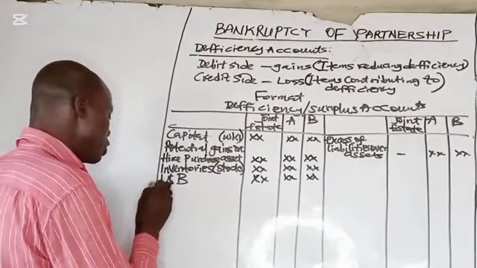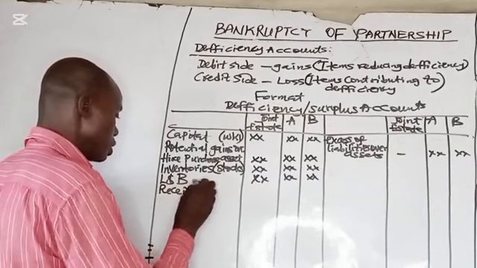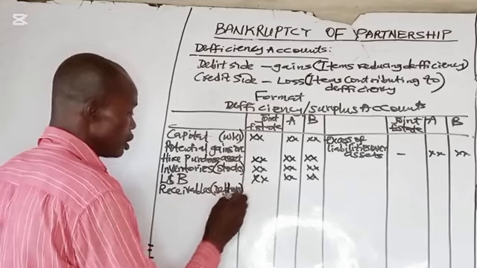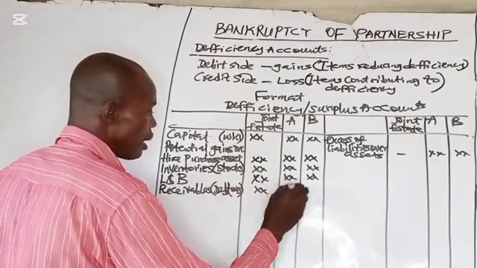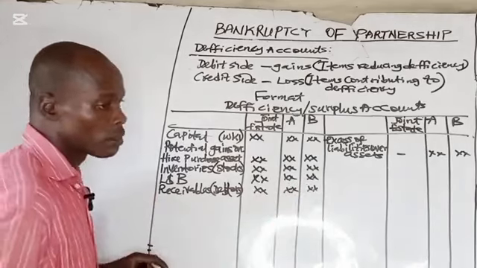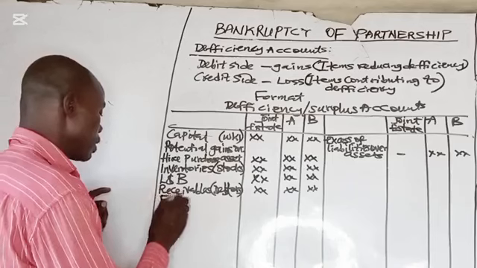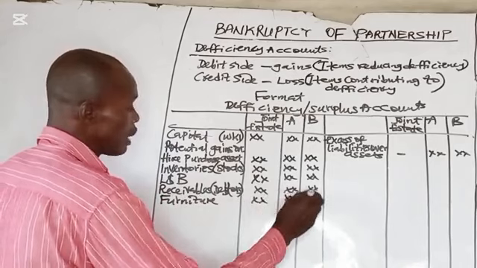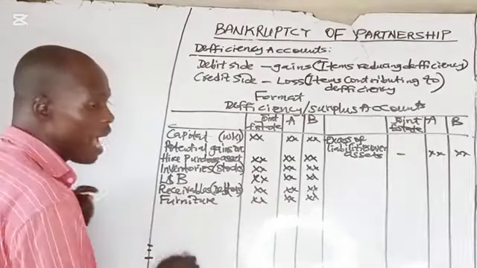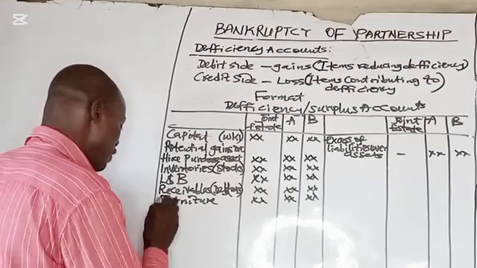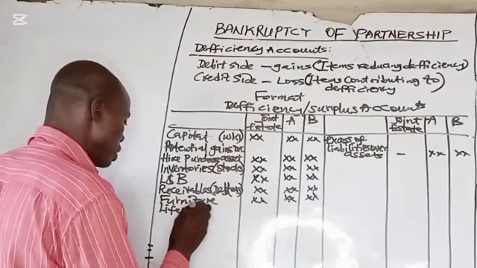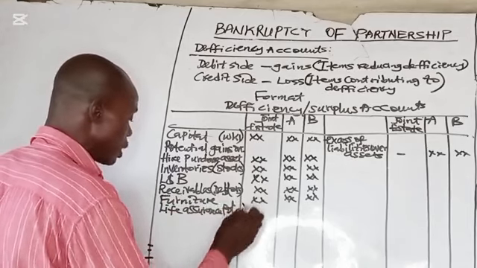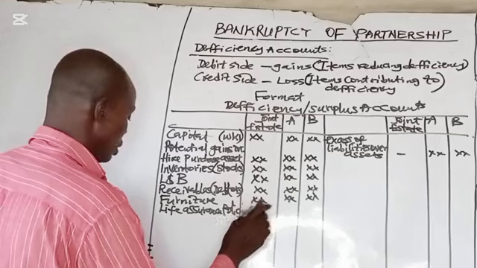Then for receivables or debtors, where the realizable value is greater than the book value, then you have the gains. Then for furniture and fittings, where the realizable value is greater than the book value, you have the gains. Then for life assurance policy, where the realizable value is greater than the book value or the cost of the asset, then you have the gains.